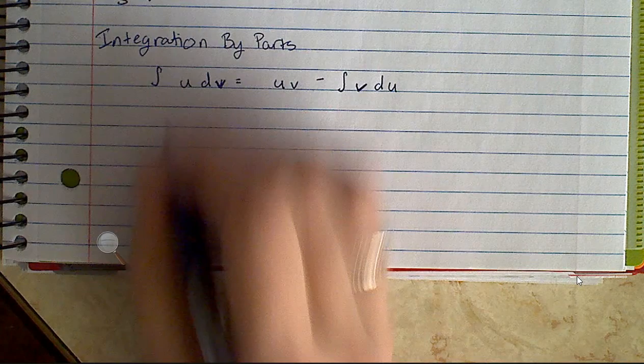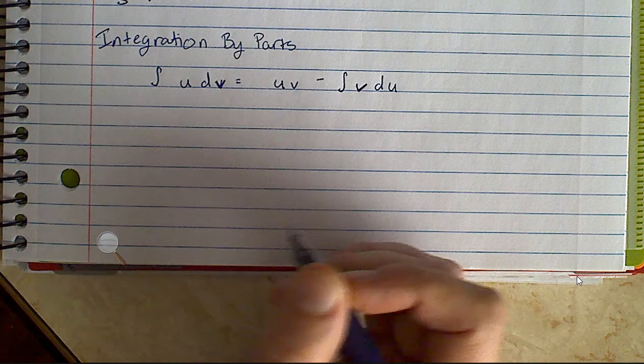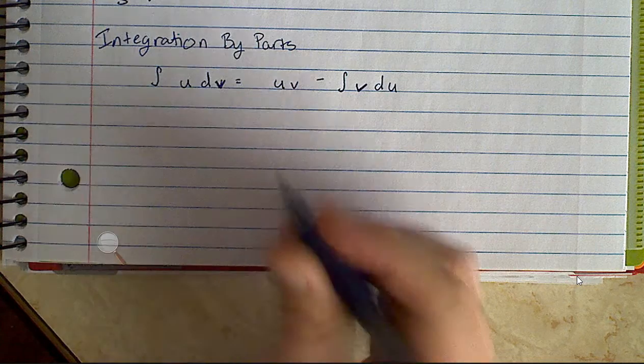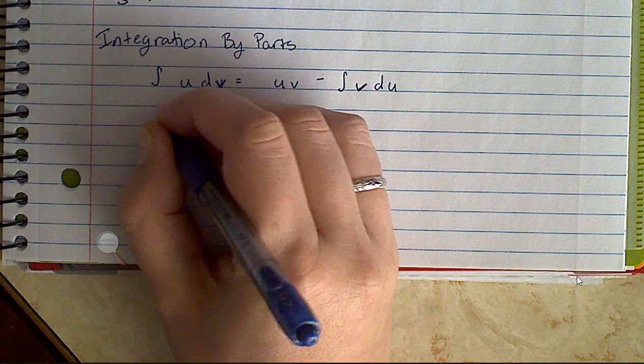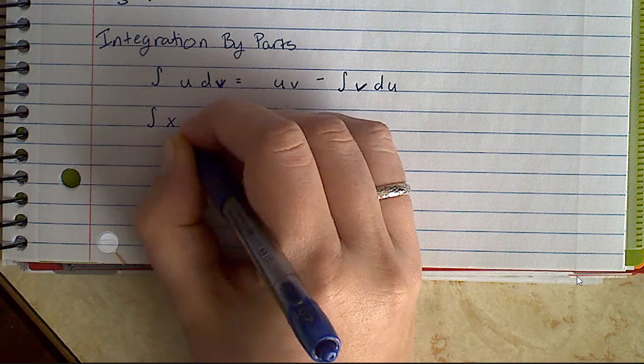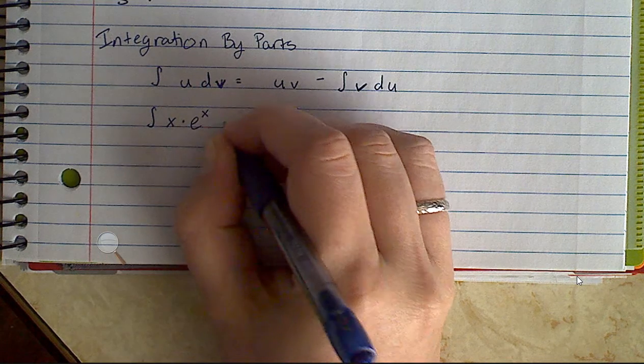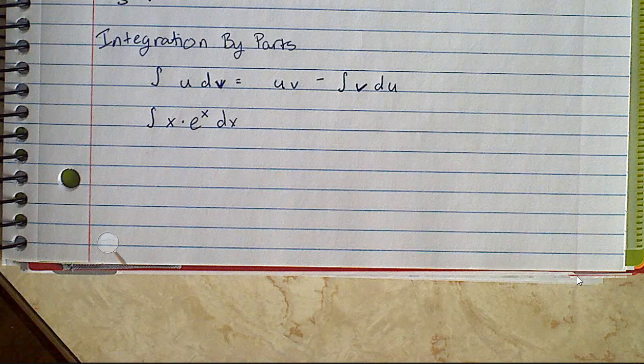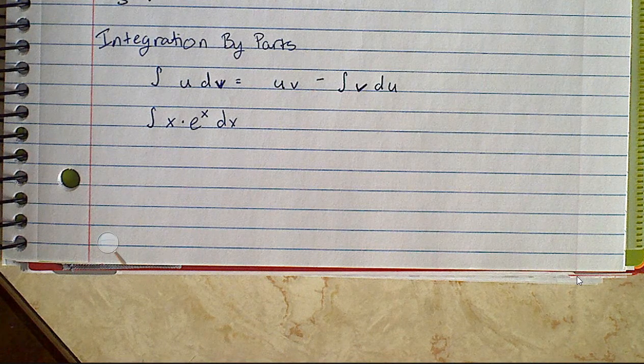I actually think this is on your assignment today. Let's say that you have the integral of x times e to the x dx. And I think this is where that whole box thing that Mrs. Schwager was telling you about, Maria, comes in.